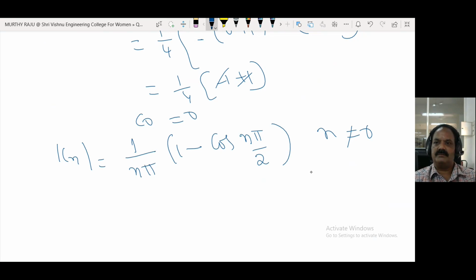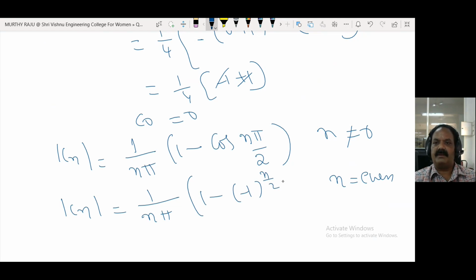For even values of n, mod Cn is equal to 1 by n pi, 1 minus (-1) whole power n by 2.